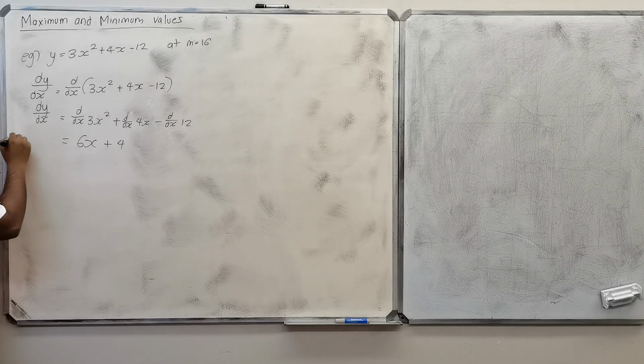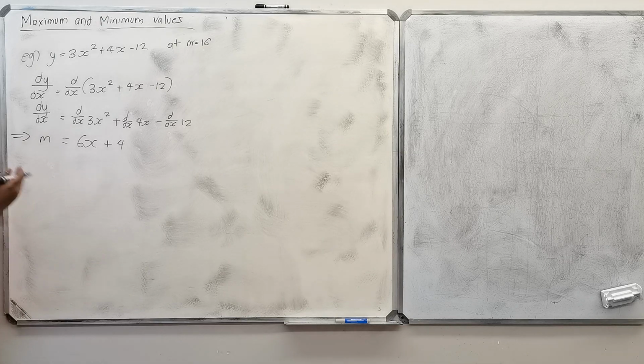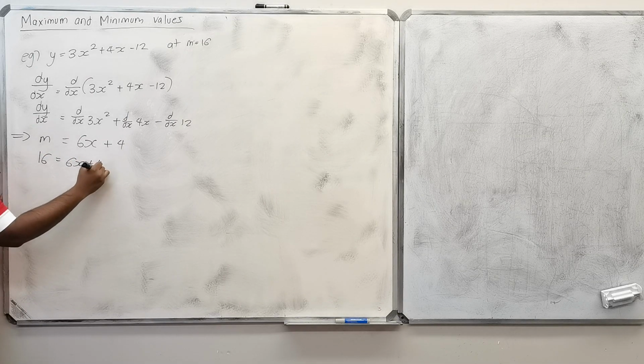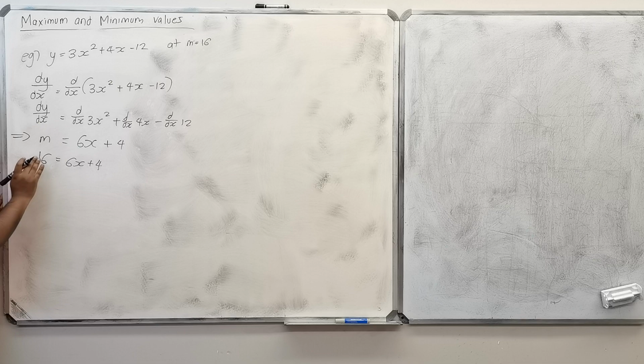So this here is actually your gradient formula. First derivative is gradient formula. They told you they want to know the point, so your x and y value, when the gradient is equal to 16. So you would get 16 equal to 6x plus 4, take it across, you end up with 12, divide by 6, you end up with 2. So your x value is equal to 2.